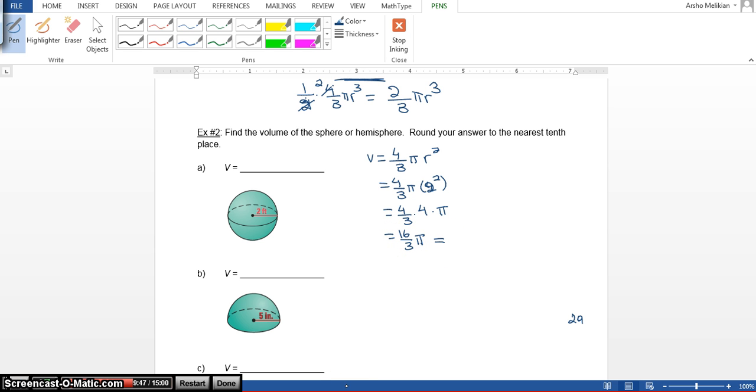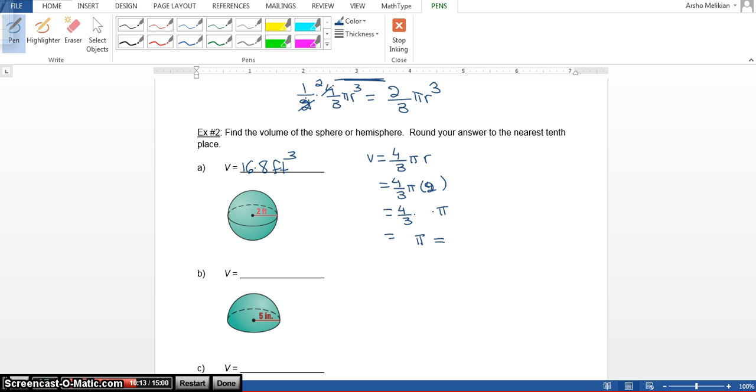So go ahead and everybody please plug this into your calculator. You can do 16 times pi divided by 3, and you're supposed to get 17.8. So it's 17.8 feet cubed. Please remember that because it's volume, then the units have to be cubed.